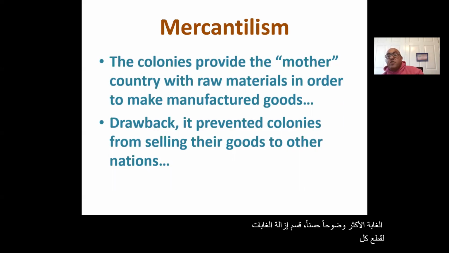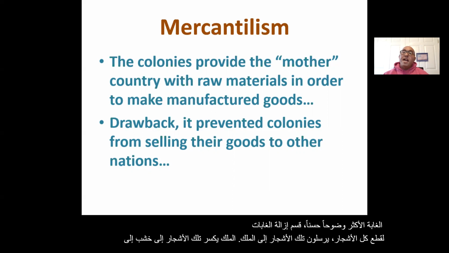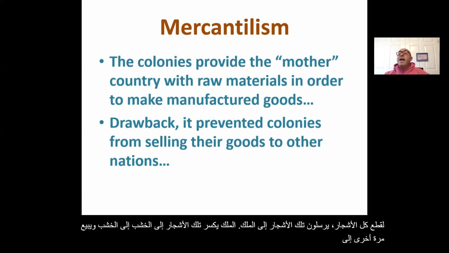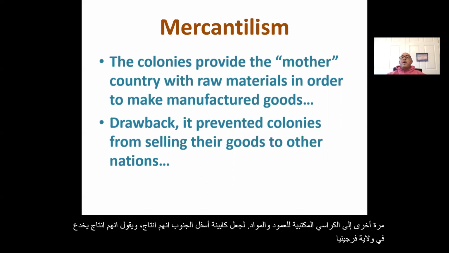The king breaks down those trees into timber, into lumber, and sells back to the colonists desks, chairs, and materials to make cabins. Down south, they're producing cotton in Virginia. They send the cotton to the king, who sells back clothing, shirts, dresses, okay?